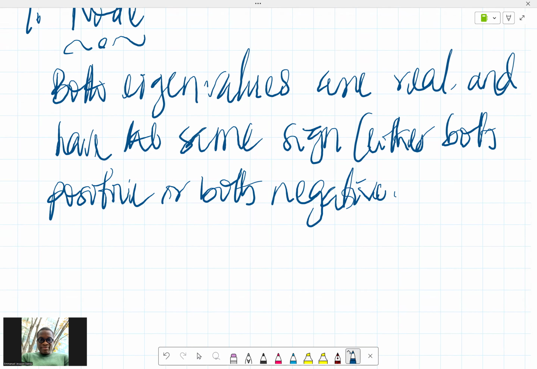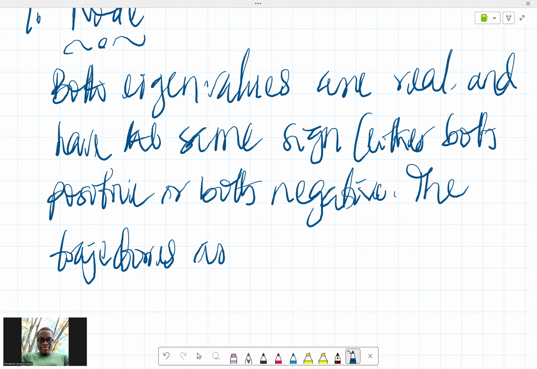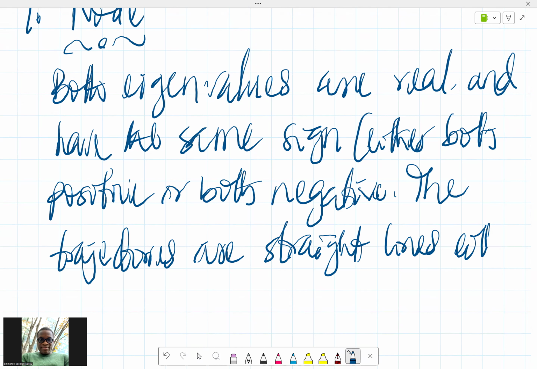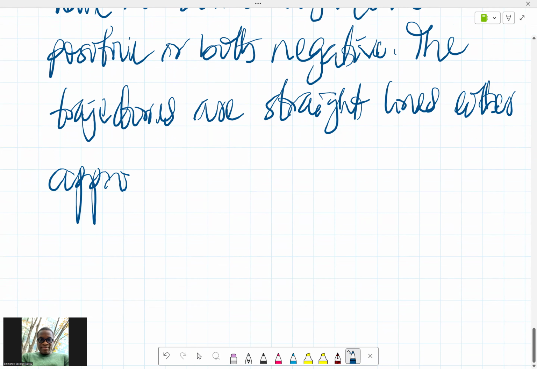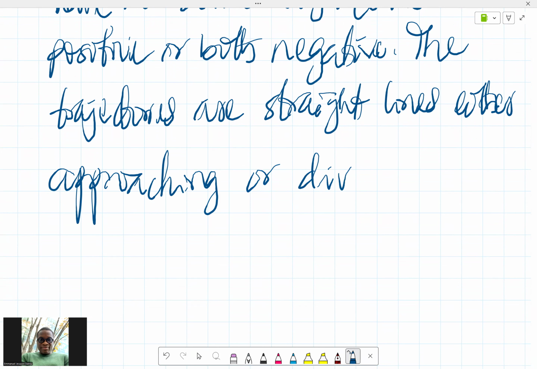Here the trajectories are straight lines, either approaching or diverging from the critical point.